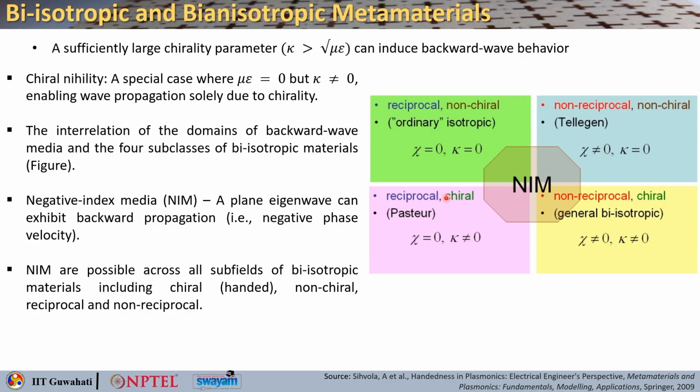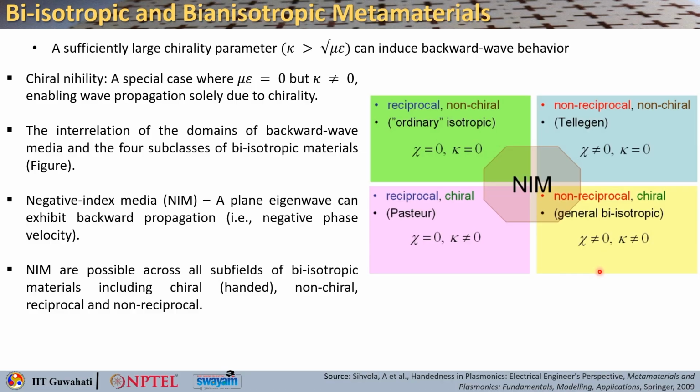Okay. So, negative index media are possible across all these subfields of biisotropic materials, including the chiral ones, which are handed media. Okay. Something we have seen here, these two are the non-chiral media. So, there is no handedness.